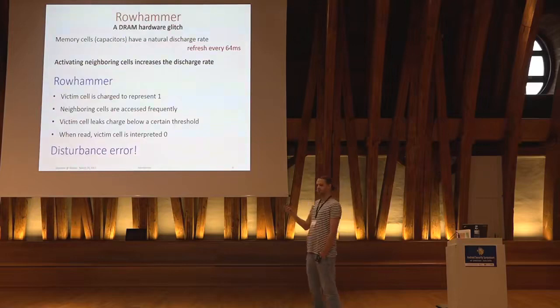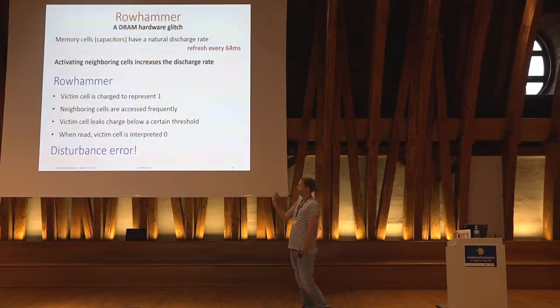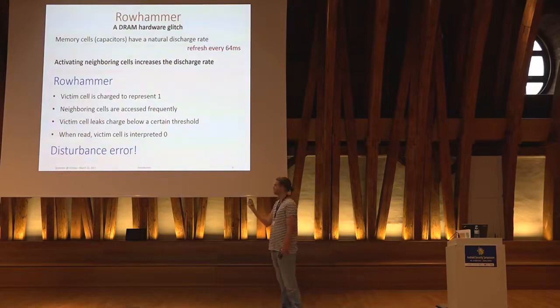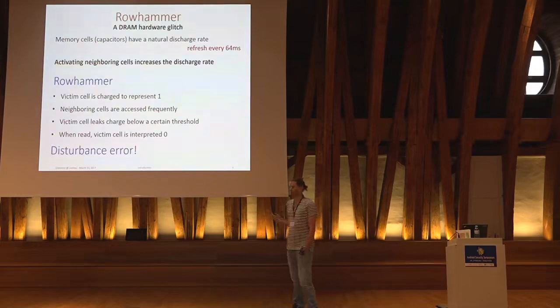Now you're accessing neighboring cells very frequently, and then at some point, the victim cell that has this high voltage stored, its charge is leaking below a certain threshold, until at some point, when you read the victim cell, you're no longer reading a 1, but you're reading a 0. So you end up with a disturbance error.